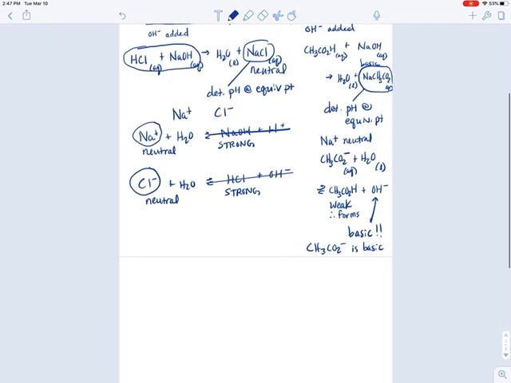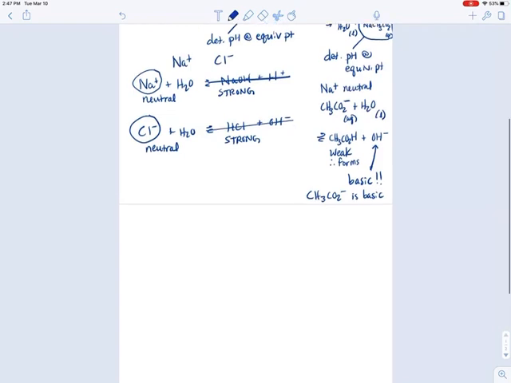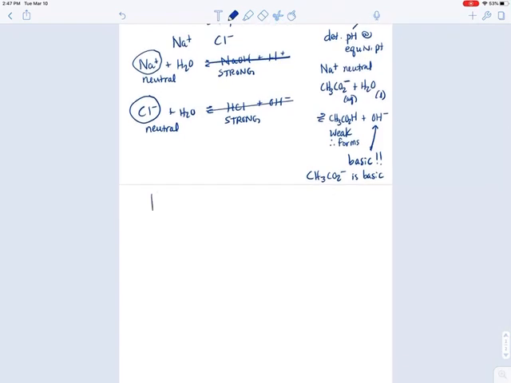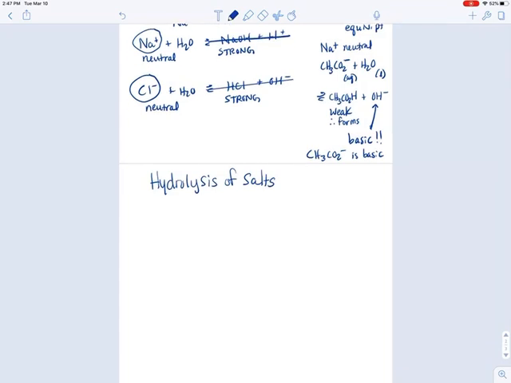And the rest of the lab was pretty straightforward, measuring the pH of common solutions. It's the hydrolysis of salts that is the major concept here, and whether or not those salts are acidic, basic, or neutral.